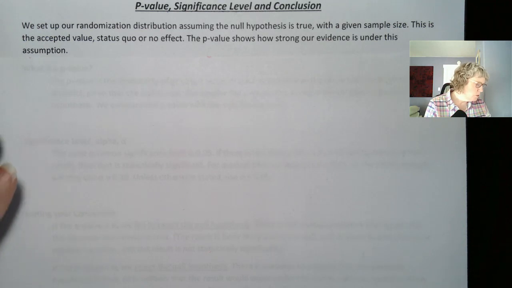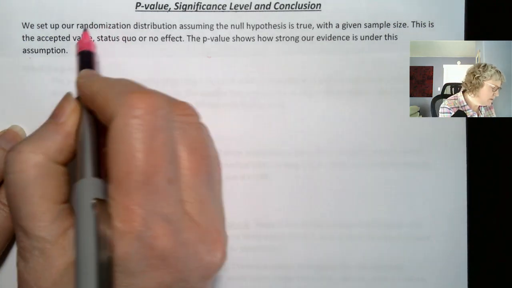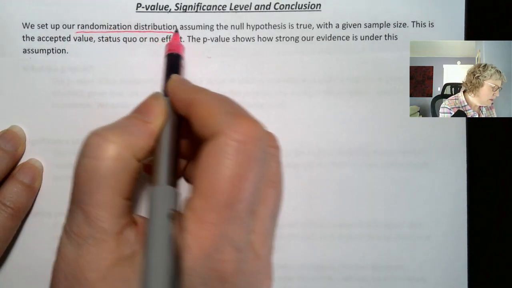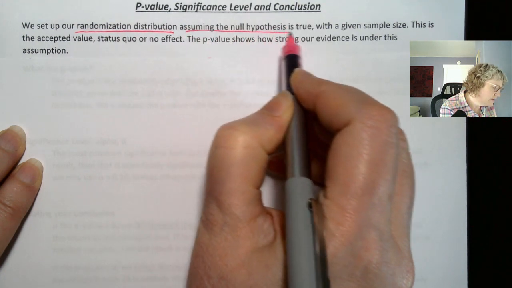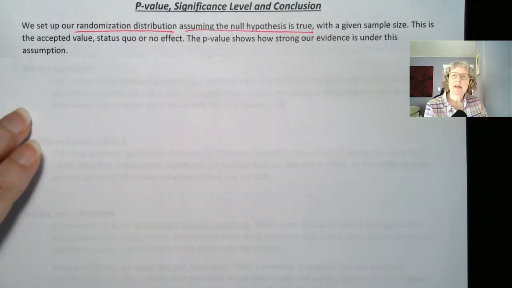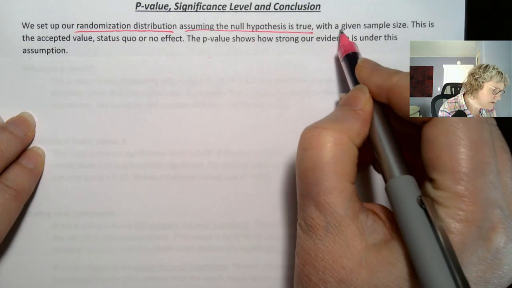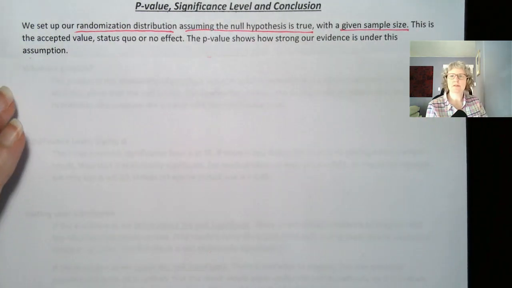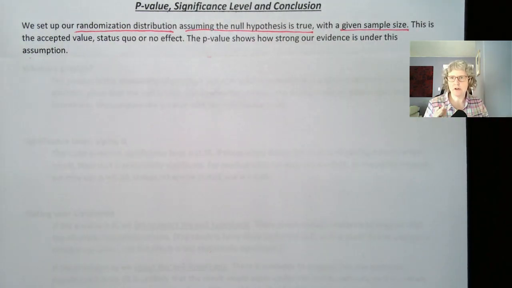So remember, in this whole process, we're setting up our randomization distribution, assuming the null hypothesis is true, okay? And we do have to have a given sample size because that affects the graph. Otherwise, we'd have a different, wider or narrower graph depending on the sample size, okay? And this is sometimes called the null distribution.